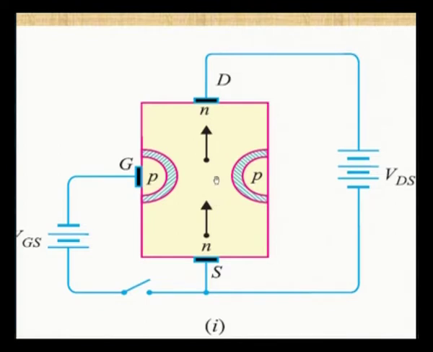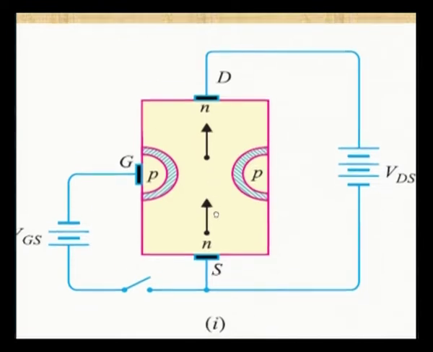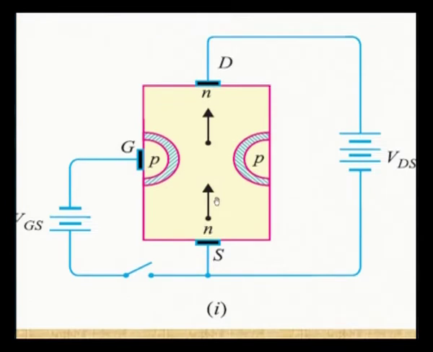So, the resistance will increase and the current flow will decrease. What we can study from this is, as we increase VDS, the depletion layer will increase, so the channel width will decrease and hence the resistance will increase and the current will decrease. This is what we study from the first condition.